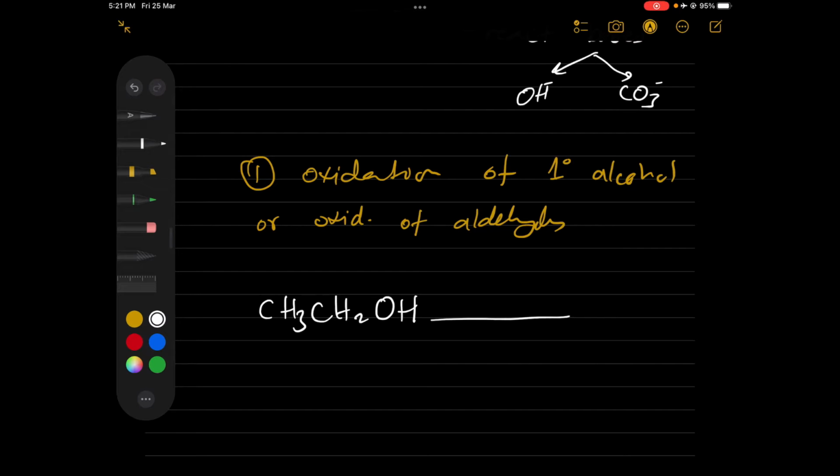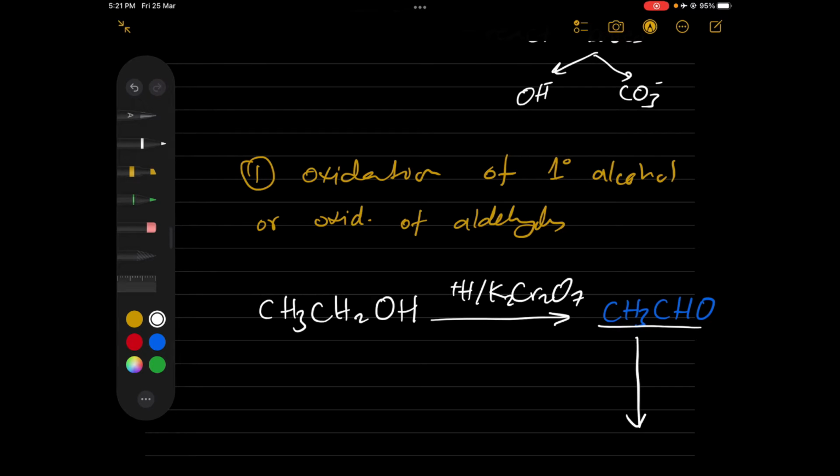So how can I change it to aldehyde? We can add acidified K2Cr2O7, potassium dichromate, which works as an oxidizing agent. As a result of the oxidation process, we will have the aldehyde CH3CHO. We can collect the aldehyde by distillation, but our target is carboxylic acid.